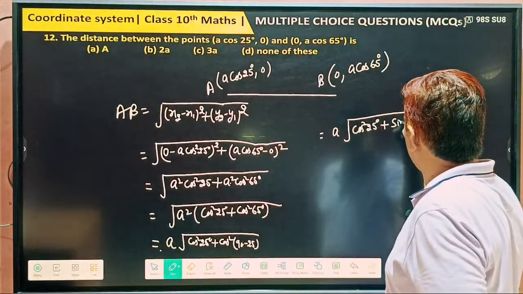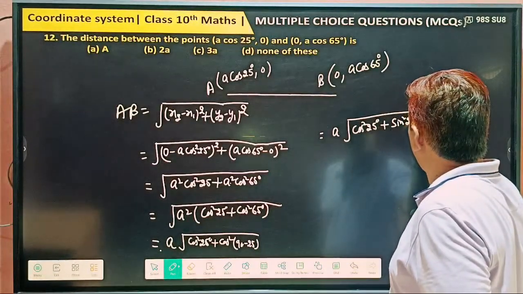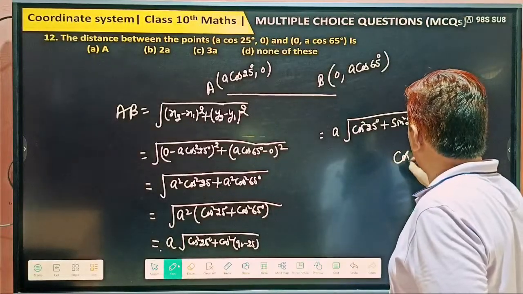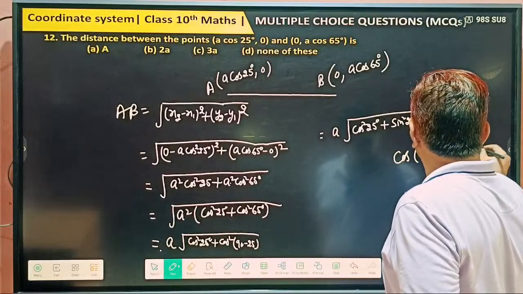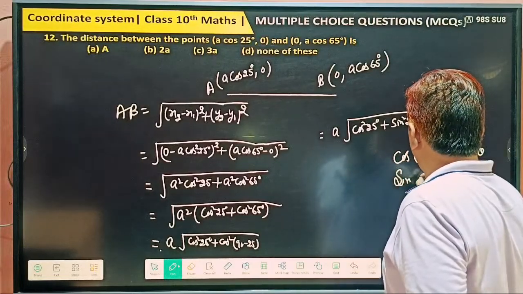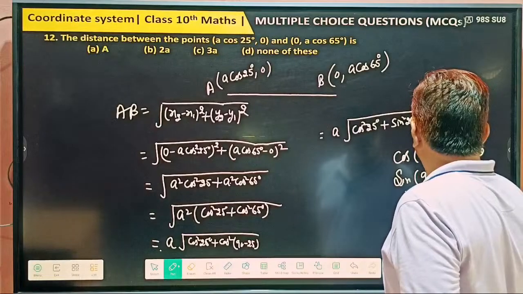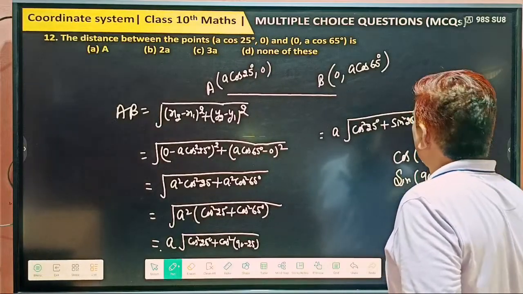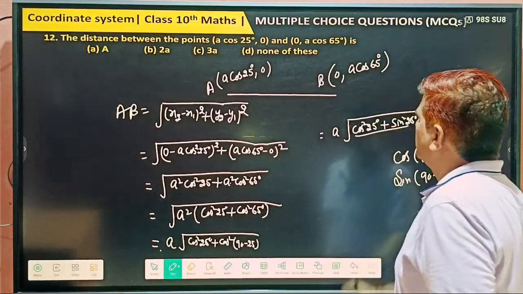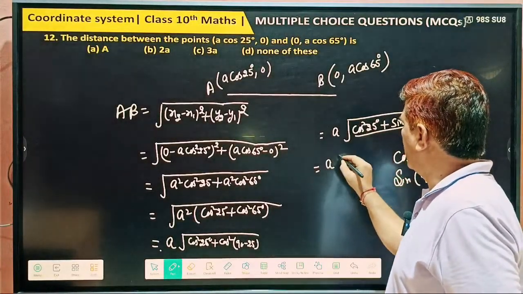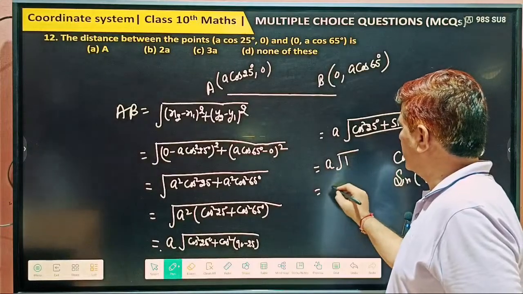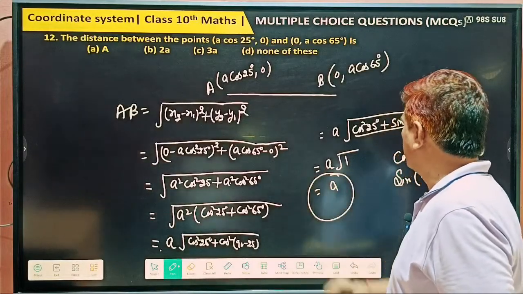This is equal to sin square 25. Why? Cos 90 minus theta is equal to sin theta. Sin 90 minus theta is cos theta. So what is this? This is equal to 1. So it is equal to A root 1, which is equal to A.